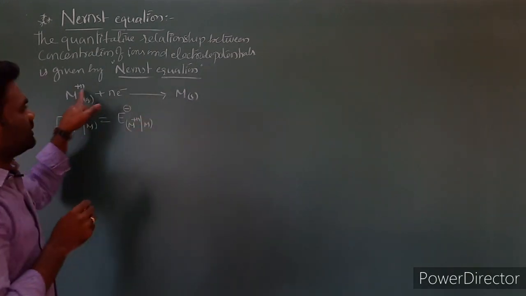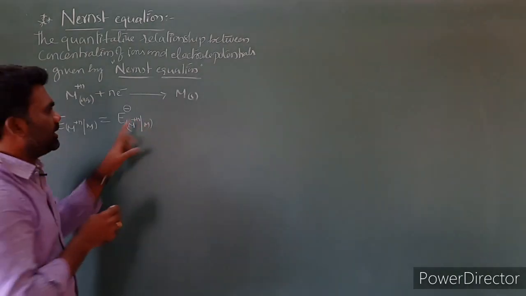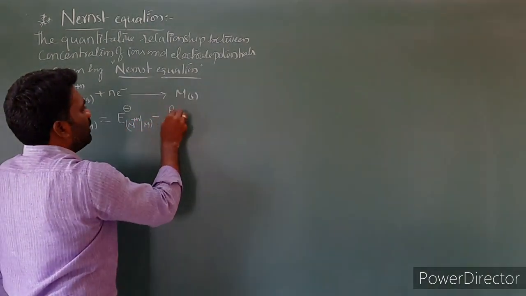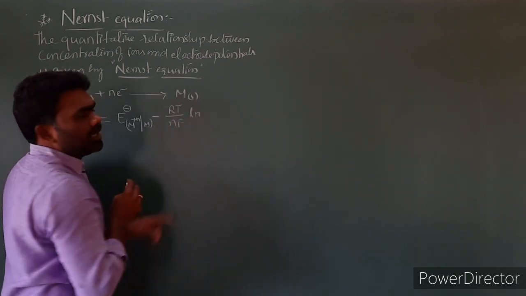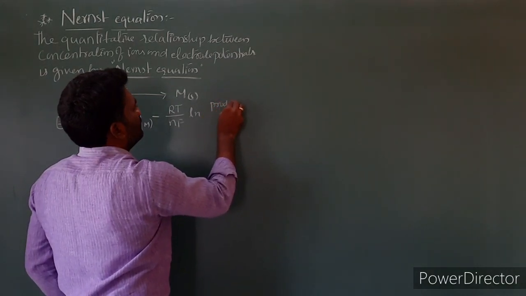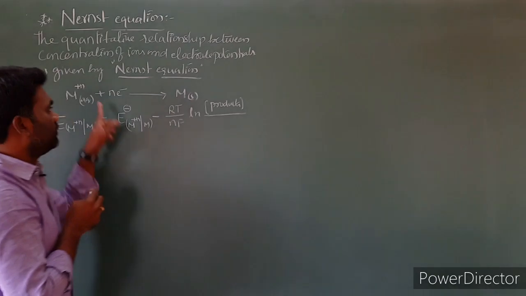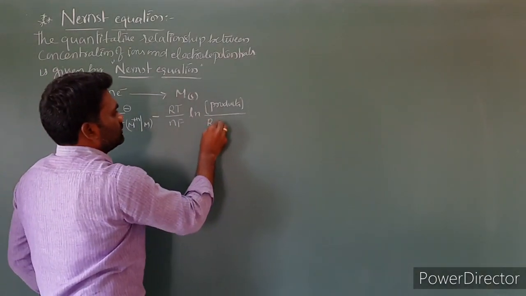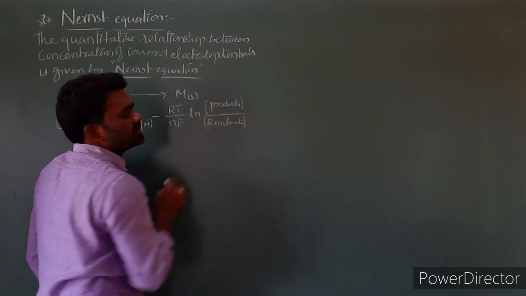That means M^n+ converting into M, the reduction form. Minus RT/nF ln of concentration of products by concentration of reactants. This is the equation.